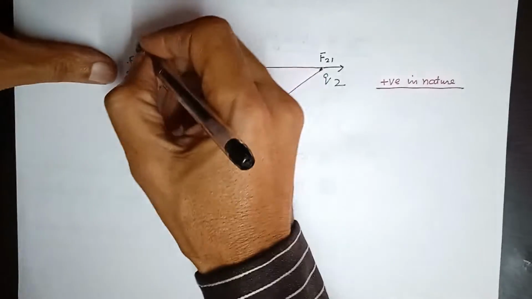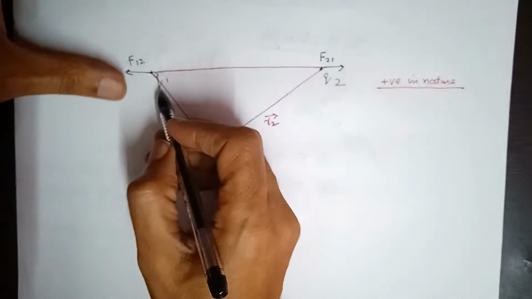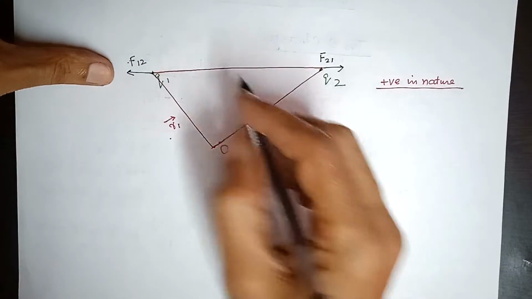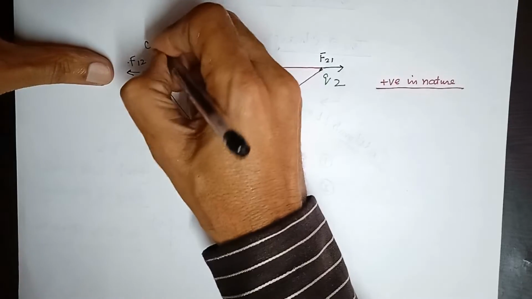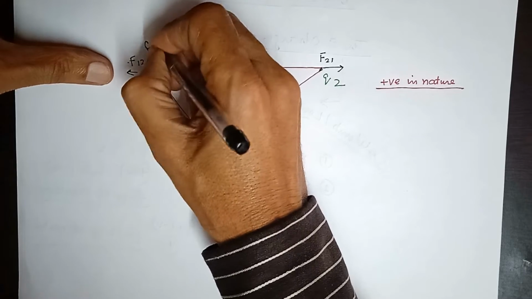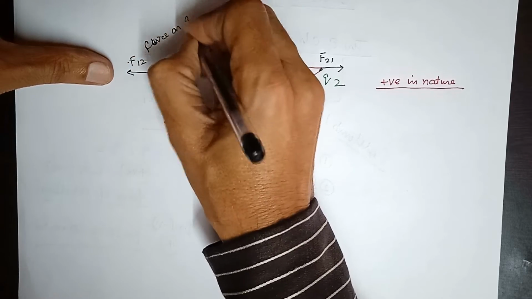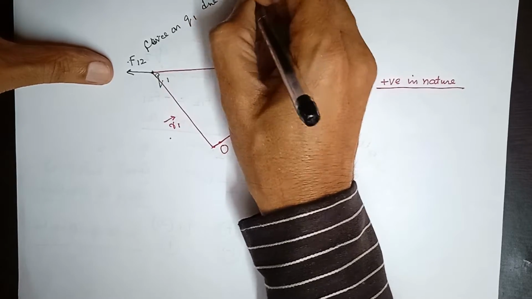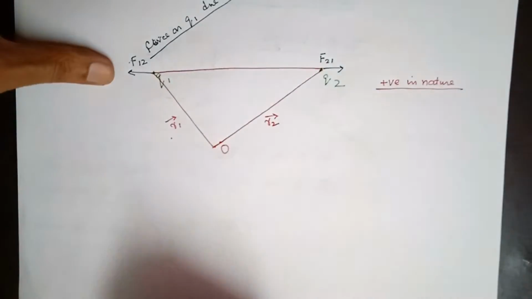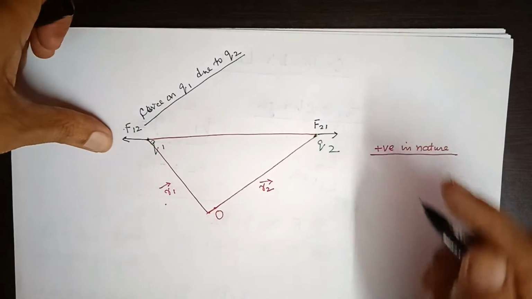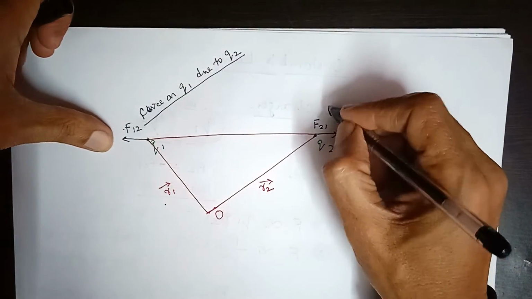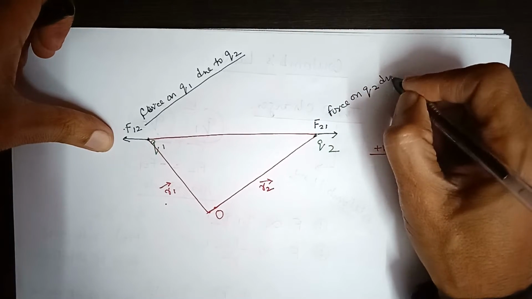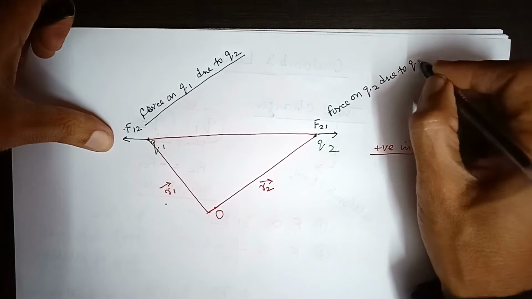F12 is the force on charge Q1 due to charge Q2, and F21 is the force on Q2 due to charge Q1.